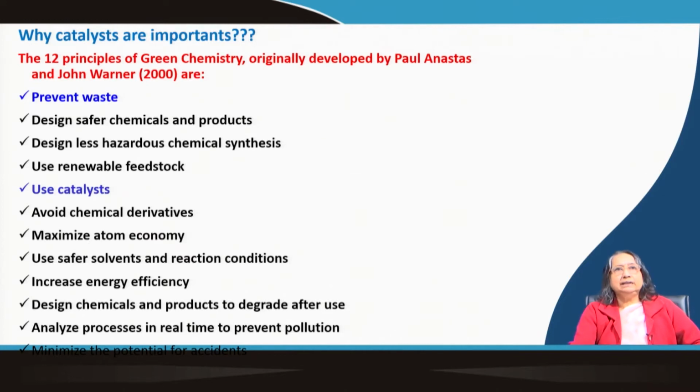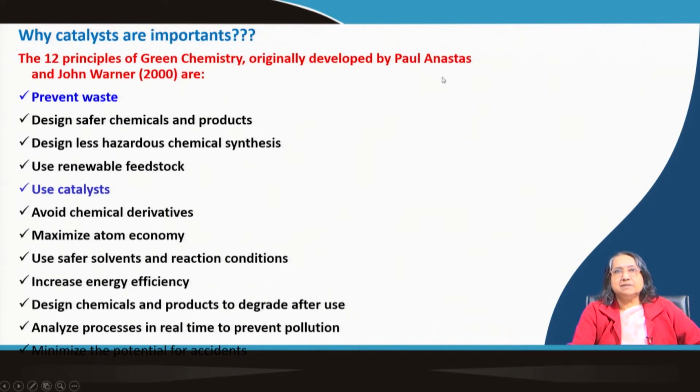Now, here you can see that this is a very important topic today: green chemistry. What is green chemistry? There are two persons, Paul Anastas and John Warner, in 2000. You see, they have given these 12 principles of green chemistry.